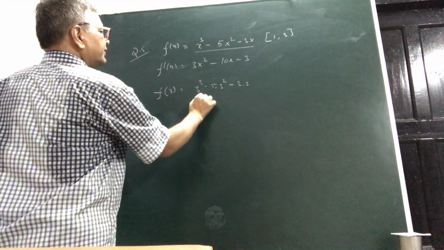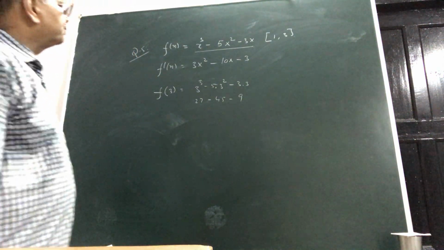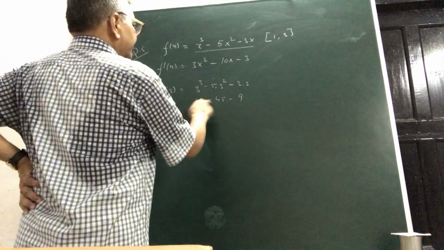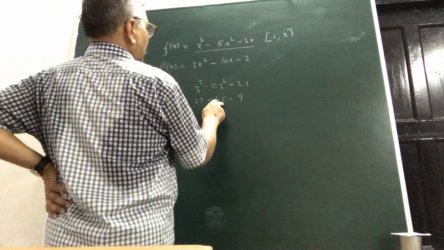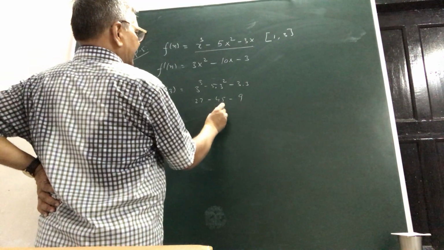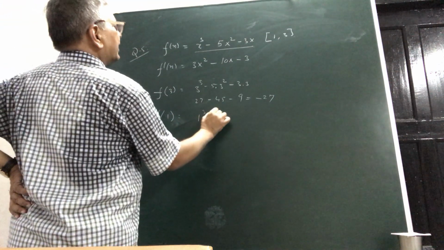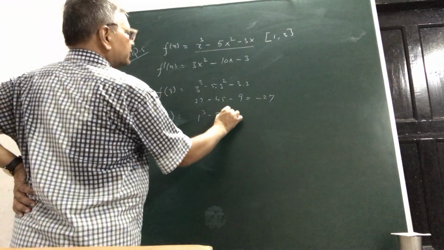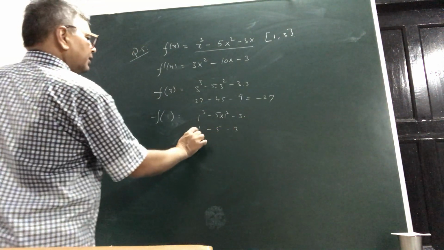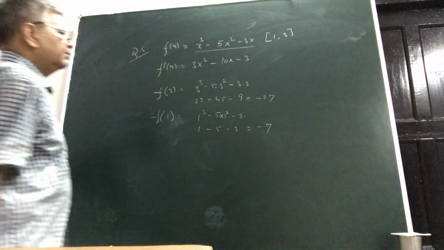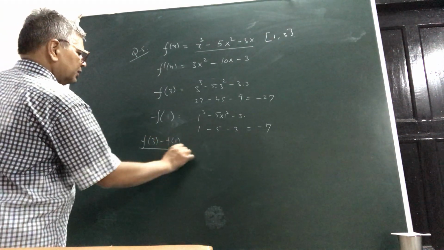So 27 minus 45 minus 9, which gives minus 27. f(1) is 1 cube minus 5 into 1 square minus 3, so 1 minus 5 minus 3, that is 1 minus 8, so it is minus 7. Let us calculate f(3) minus f(1) upon 3 minus 1.